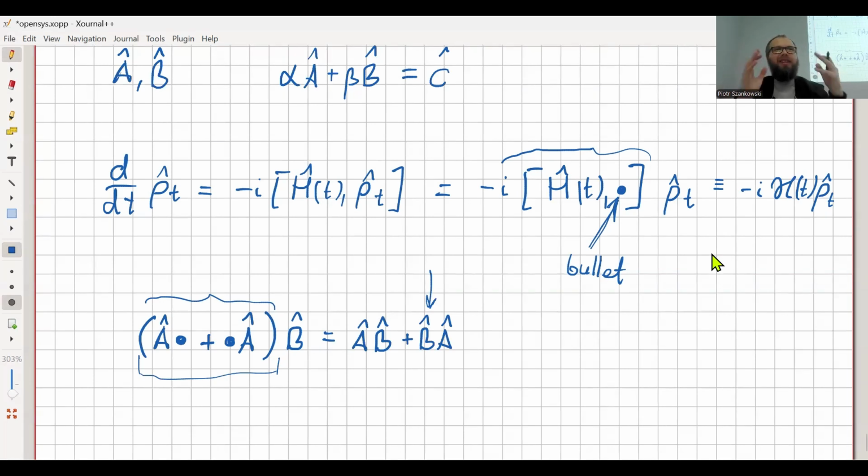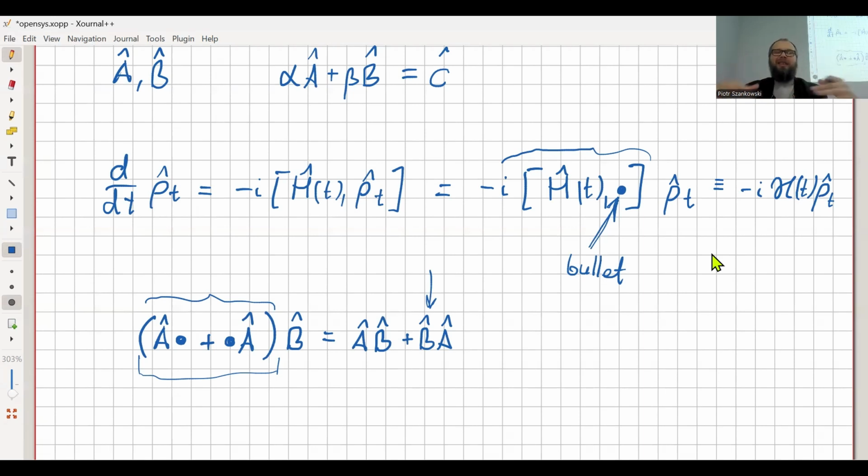Well, you see, the Schrodinger equation is a very simple beast. You have a time-dependent vector, you differentiate it. On the right-hand side, there is some minus i, some operator acting on the vector again, right? And this operator plays the role of the generator of the unitary evolution operator you get by solving this equation.